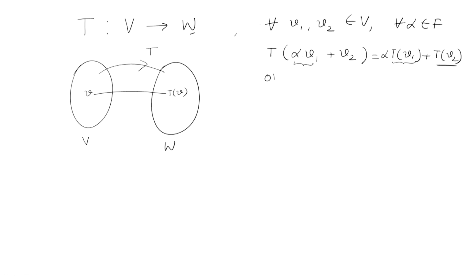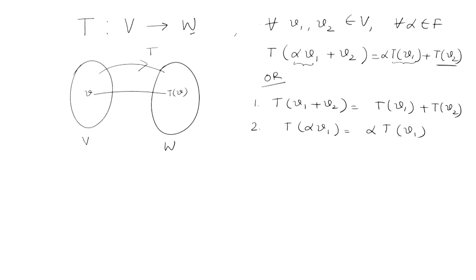Now this property can also be stated as two properties: first, T of V1 plus V2 is equal to T of V1 plus T of V2, and second, T of alpha V1 is equal to alpha times T of V1, for all V1, V2 in V and alpha belonging to the field.